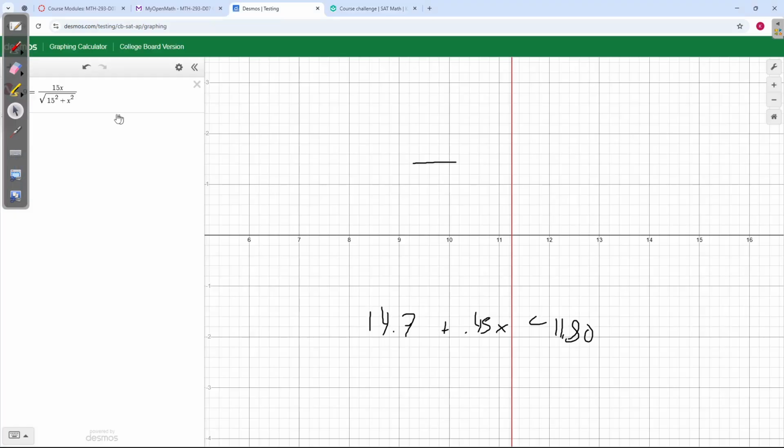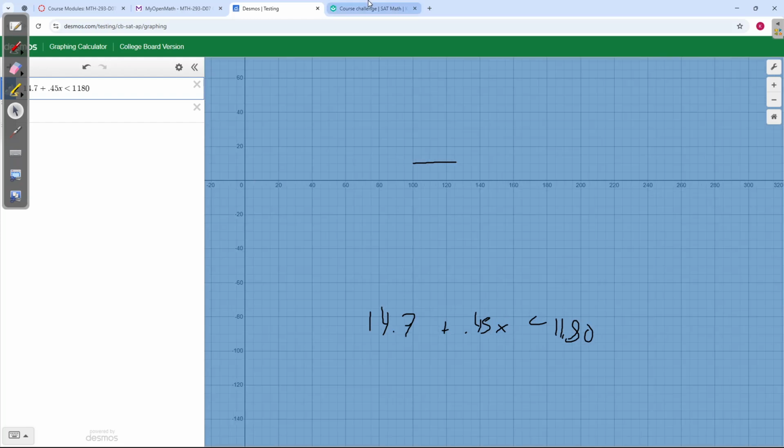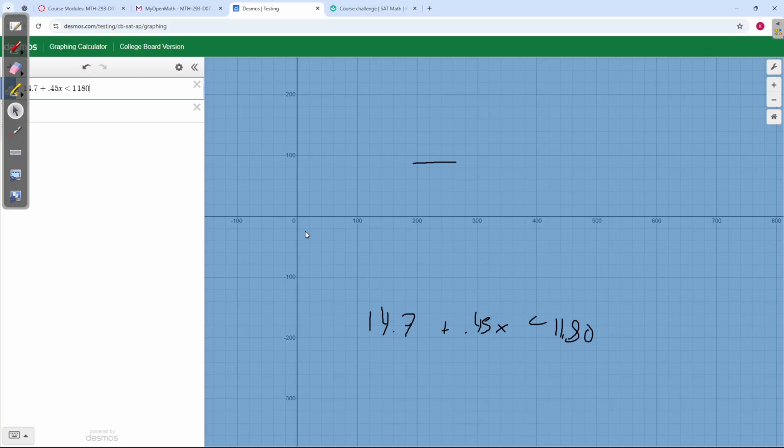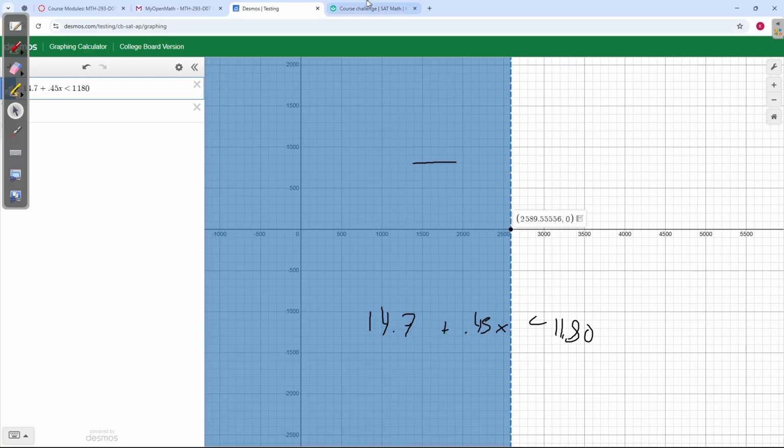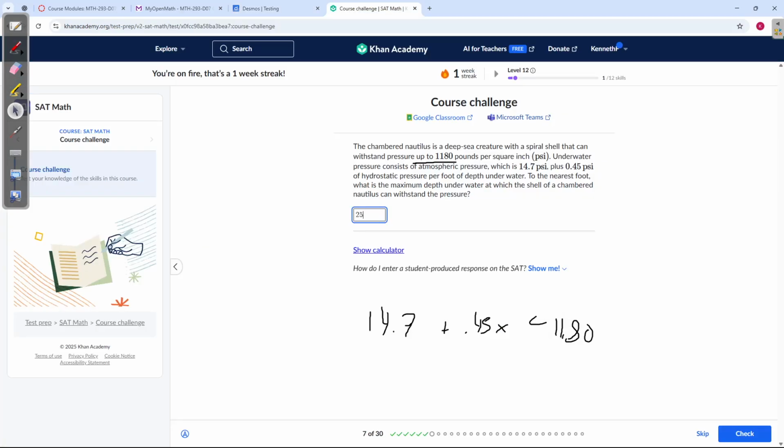Not that bad. 14.7 plus 0.45x is less than 1180. So what is the maximum depth? Is about 2590. Let's see here. Well, let's just go 2589. Exactly.